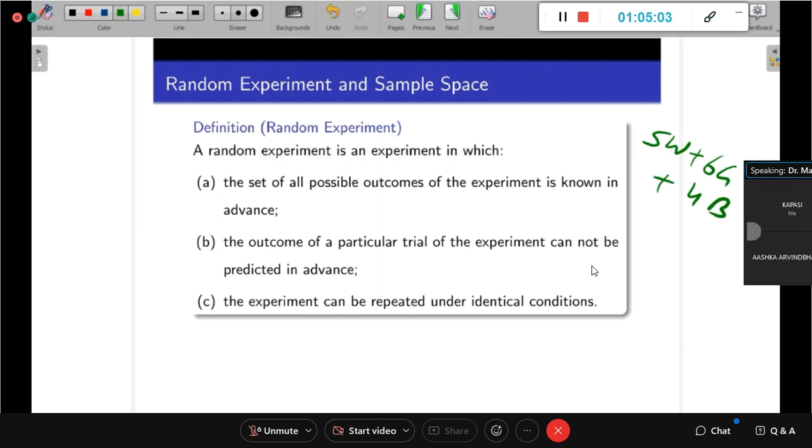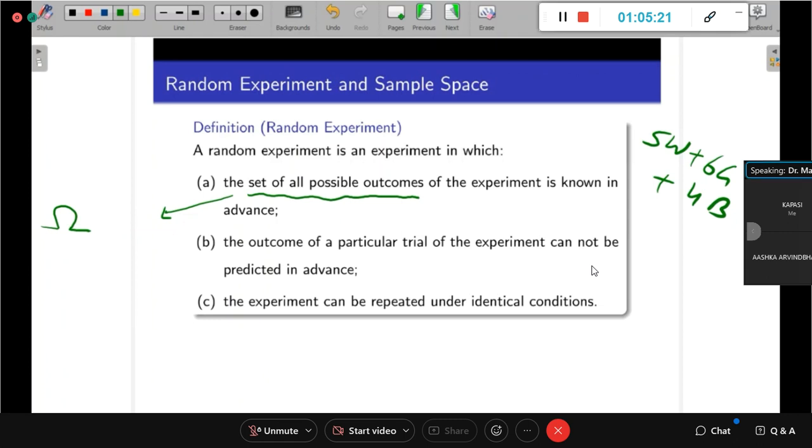The first statement, the set of all possible outcomes, I will denote by omega, and that is called the sample space.